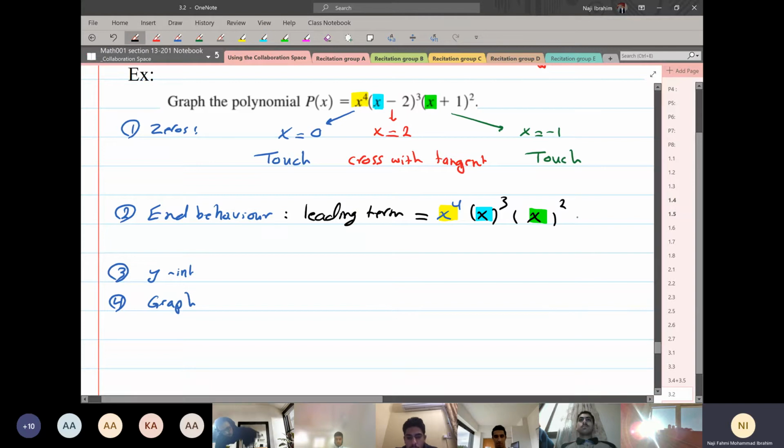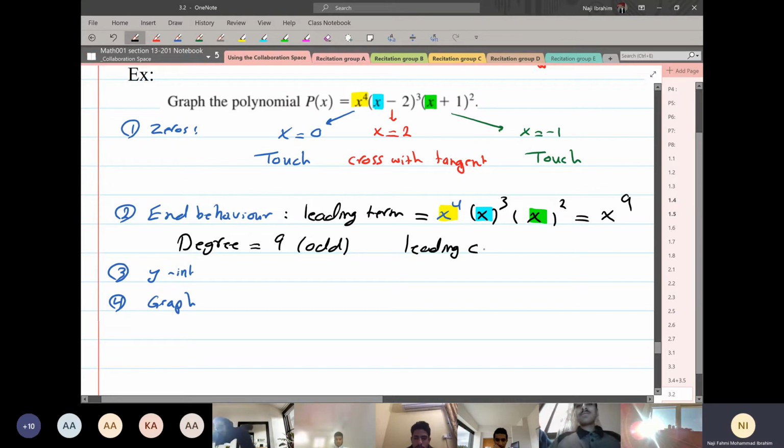What's the multiplication of all these? If I multiply all these, what do I get? x to power 9. Now, what's the power here? This is called the degree. So what's the degree of my polynomial now? 9. The degree is 9, which is odd. What's the leading coefficient? 1, which is the coefficient of x to power 9. This is positive, right?